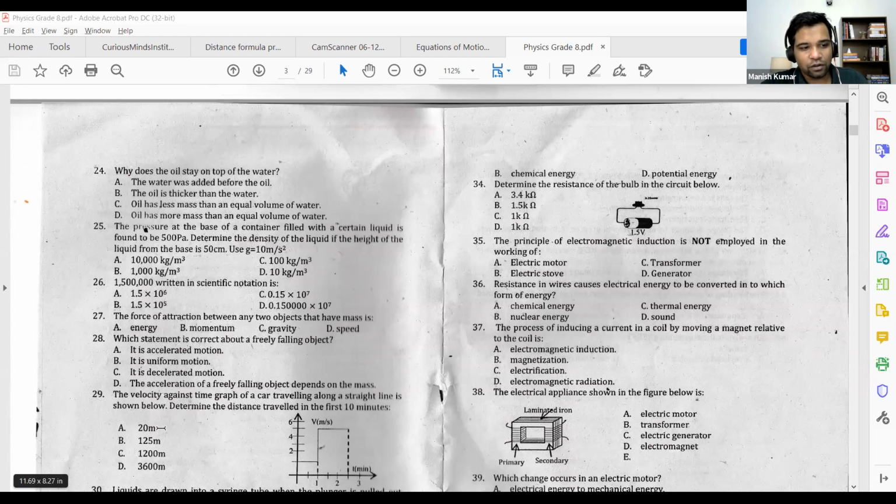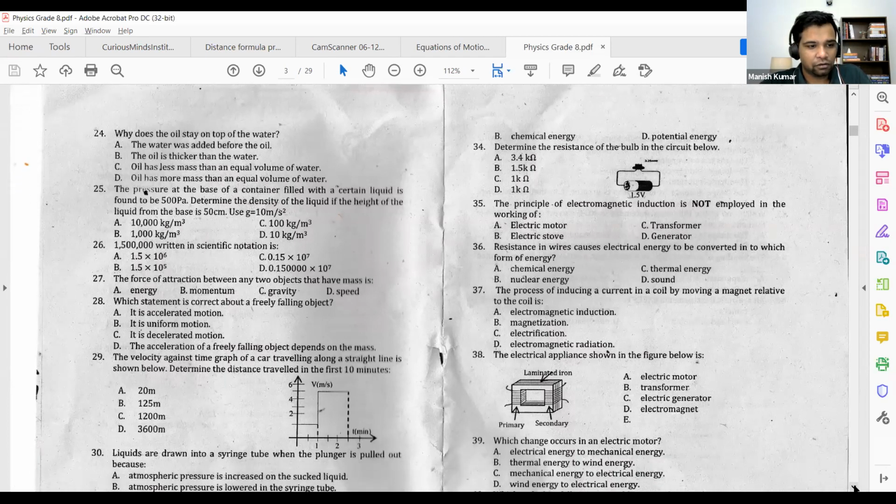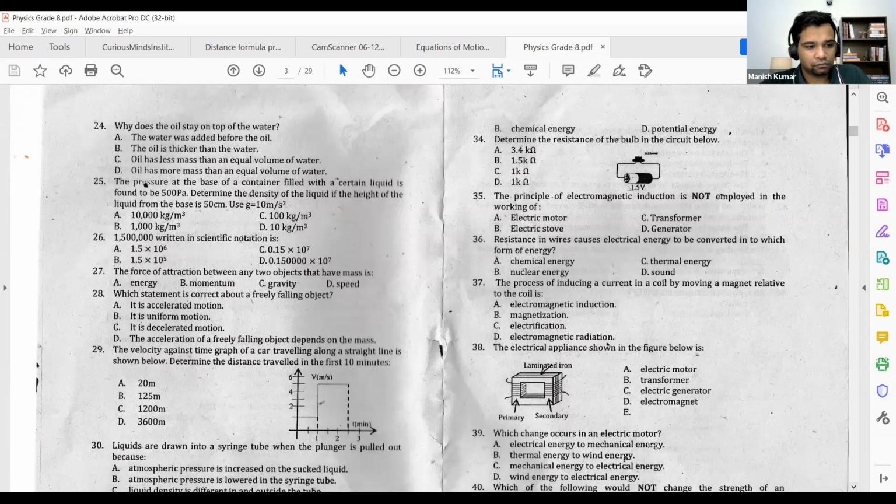Let's do the 29th question. Start. Mister, we can't see it. Can't see the choice. Just move up maybe a little bit. Yeah, fine. 29th question.